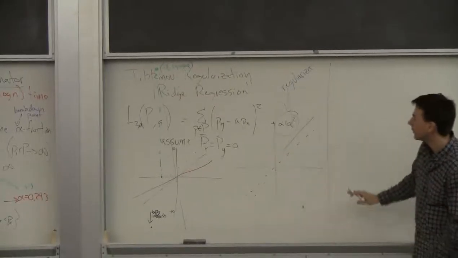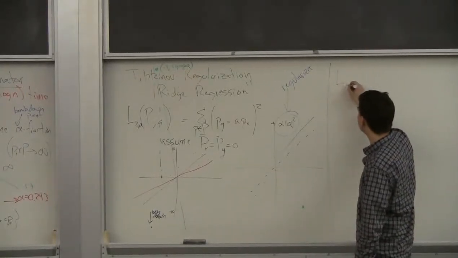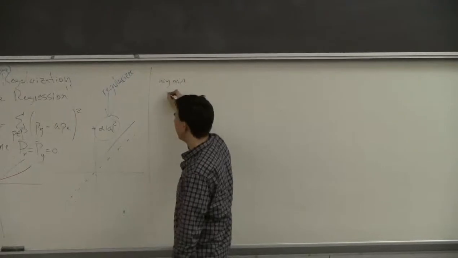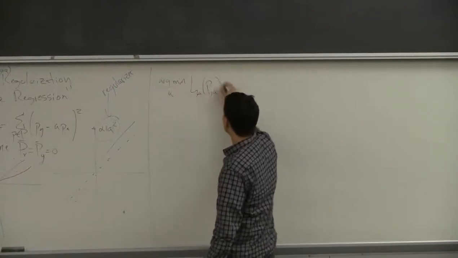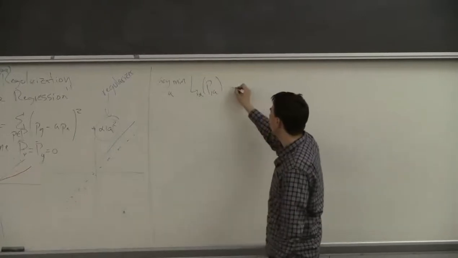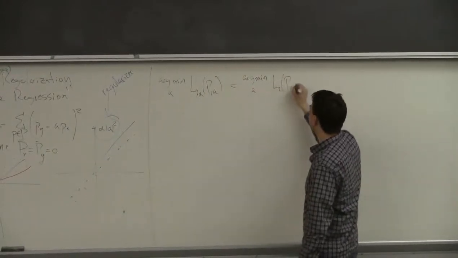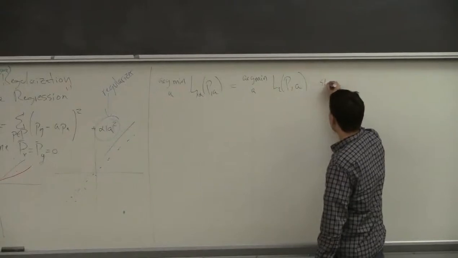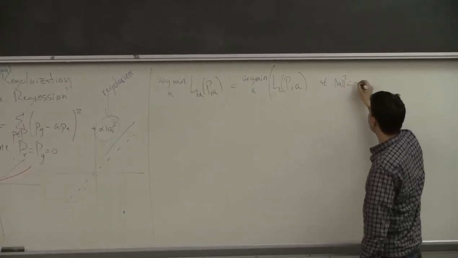Actually, there's some dual formulation of this, where the argmin over a of the L2 cost with the alpha penalty here is going to be the same as the argmin over a of the L2 cost, and instead of adding this regularizer, we say such that this is going to be less than some value gamma.